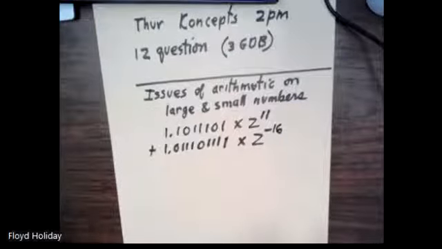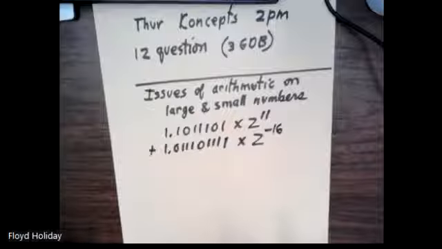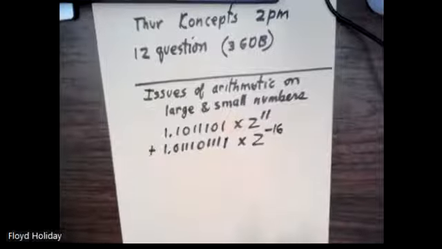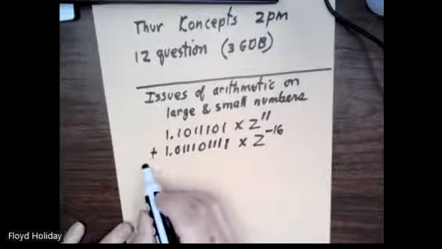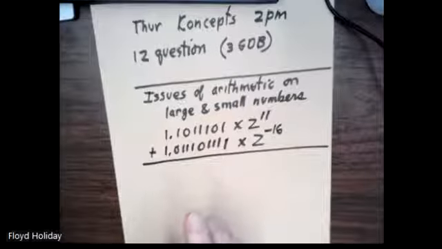See, one number is big and one number is small. How do we handle that? And the question is, how much data gets lost in simply adding 2 numbers? Okay, we can solve that, but let's go on and finish the whole list.